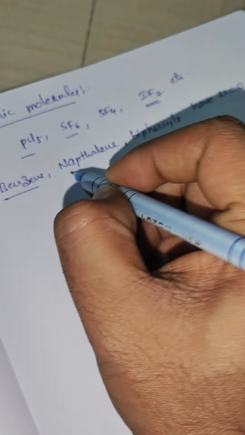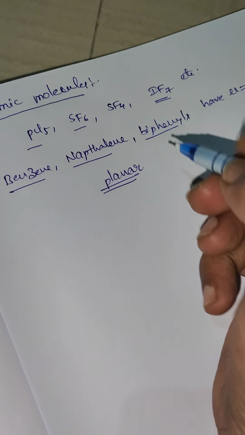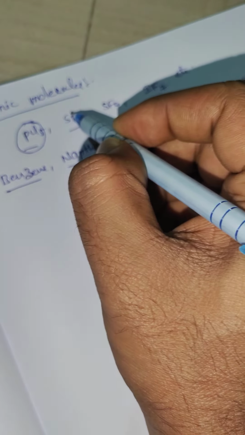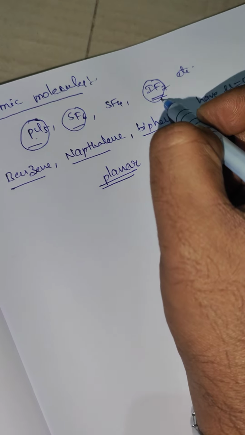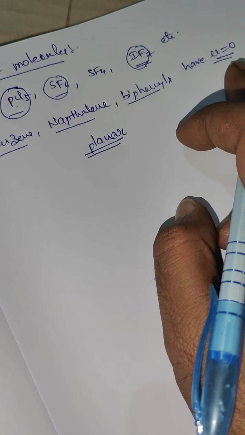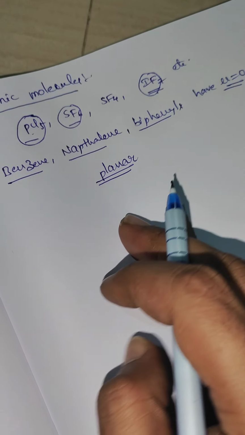These are all planar structures. Planar structure means they have zero dipole moment, and symmetrical structure also. PCl5, SF6, IF7 are the three symmetrical structures. They are all in one plane, meaning the dipole moment is 0. Benzene, naphthalene, biphenyls also have 0 dipole moment due to planar structure.